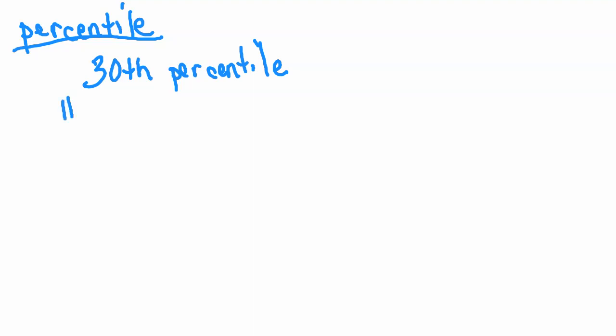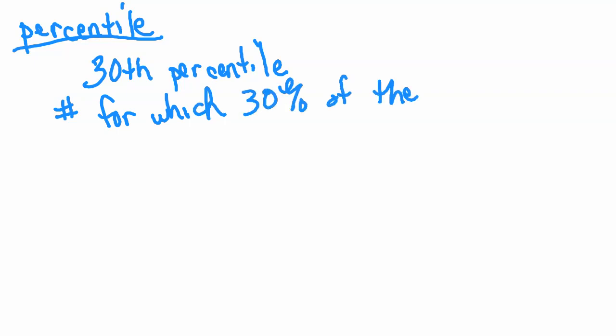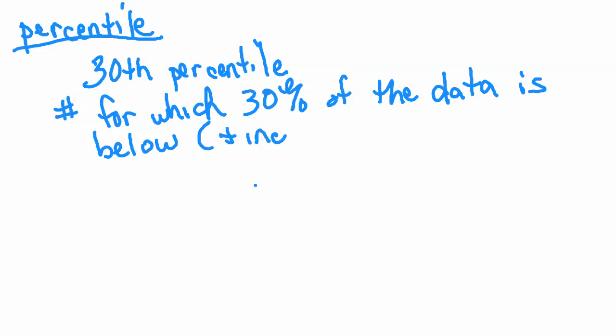It's the number for which 30% of the data is below, and it includes that number.